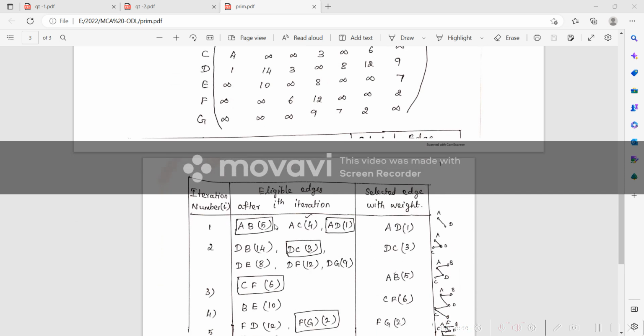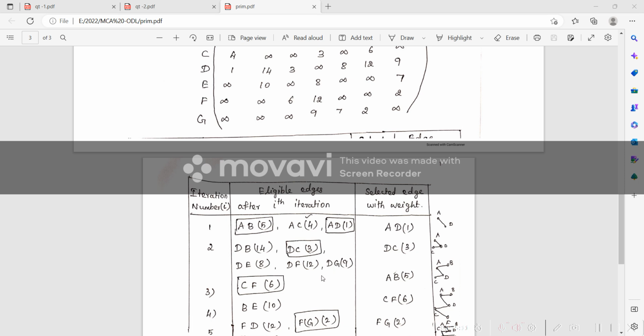Okay, so now we have to consider these two vertices, that is A as well as D. Both, this AD is selected. So omitting this AD, remaining all edges should be considered. So we are having AB, AC, DB, DC, DE, DF, DG. Okay, this one is 5, 4, 14, 3, 8, 12, 9.